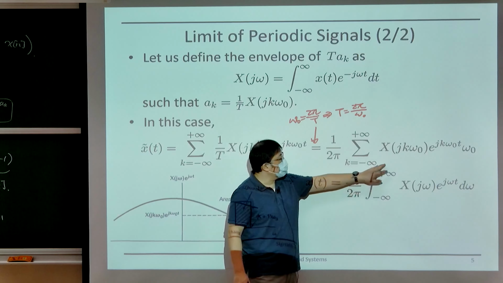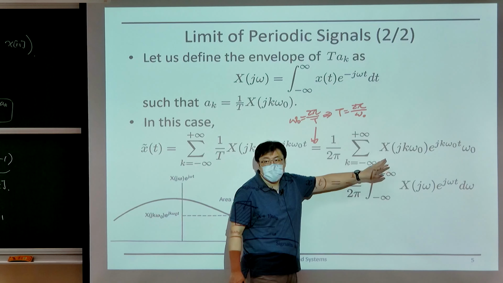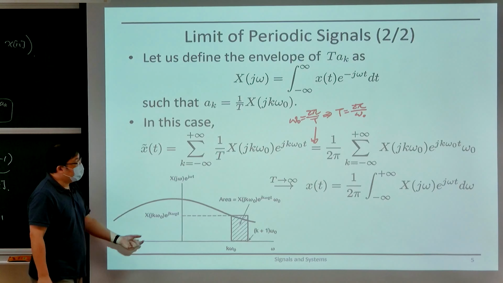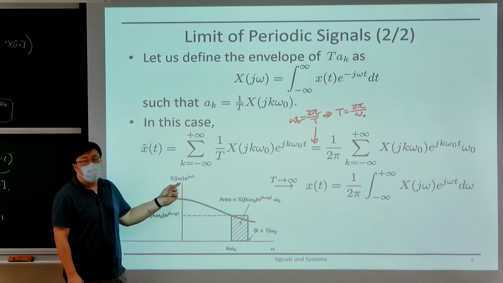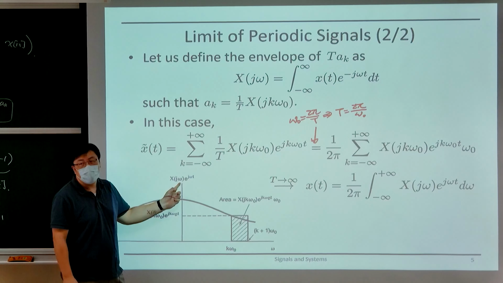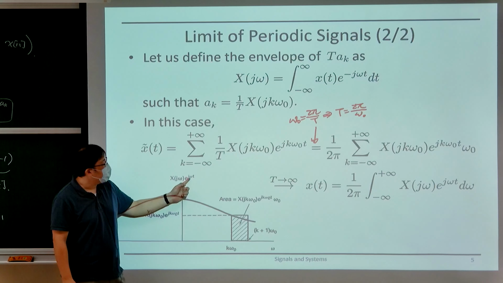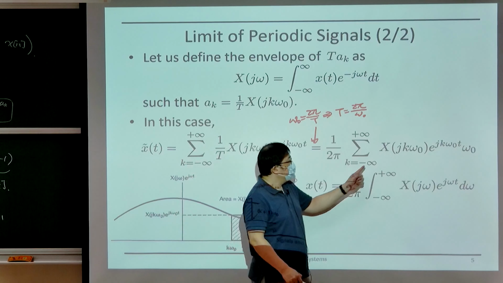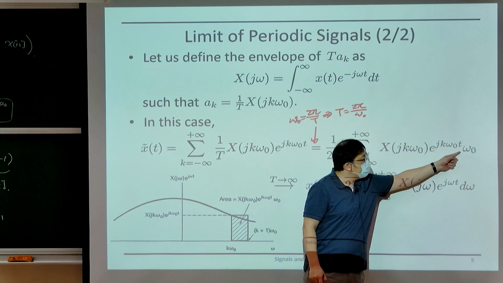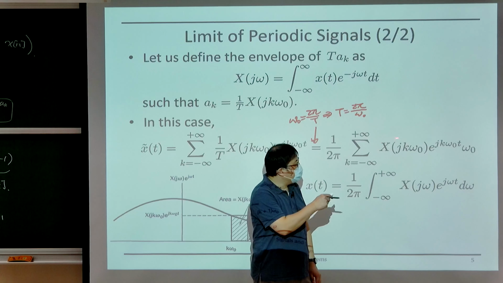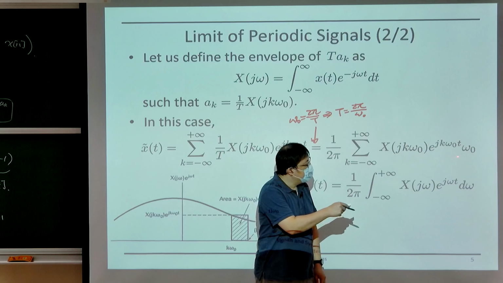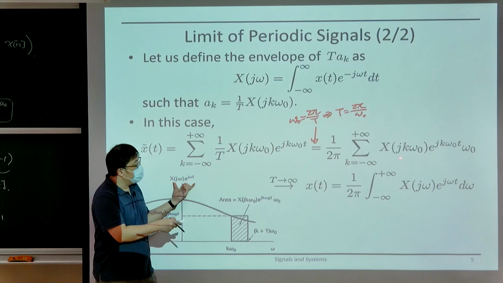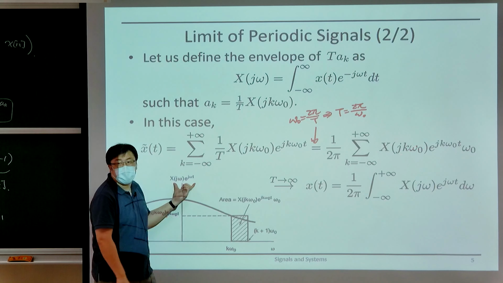Now, what is this summation here? Suppose we consider the function X of j omega times e to the j omega t. This part here is actually the value of this function at the point k omega naught.